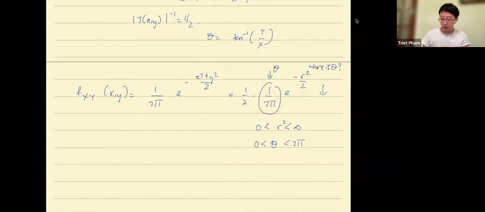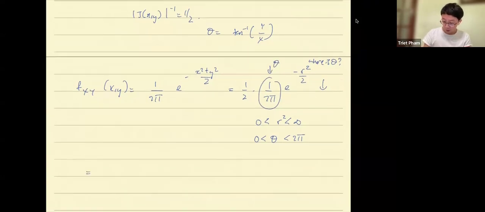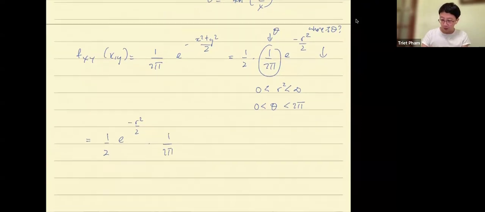Right? So if you take a look, this will be 1/2 e, sorry, 1/2 e to minus r squared over 2, and then times 1/2 pi. Which looks like what? Sorry, it's not f of x y, it's f of r squared theta.